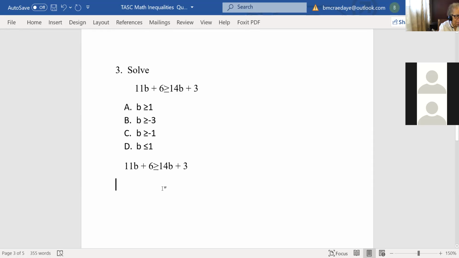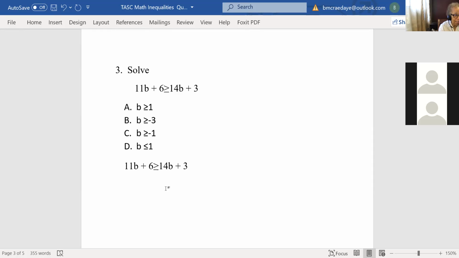How would you do that? Whatever you do, you have to do it to both sides. So which one do you use first, because we have B's on both sides? How do you get those B's together on the same side? What you do on one side, you do on the other side. That's correct. So what would you do to both sides?